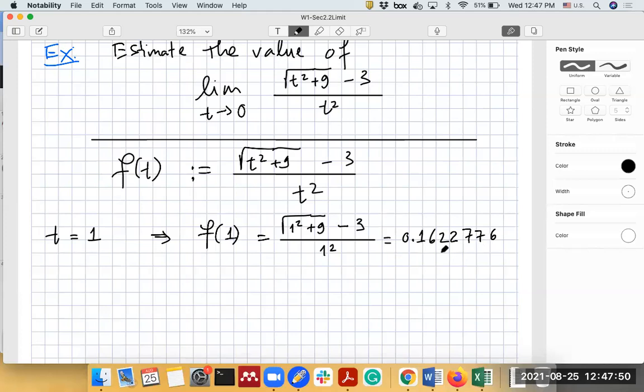And 7/6 here, if we round to 6 decimals, the number 6 is larger than 5, then we round up, it should be 0.6162277, and just round up to this one. Okay? I don't remember exactly which is the correct number here. Yes. Then very good.